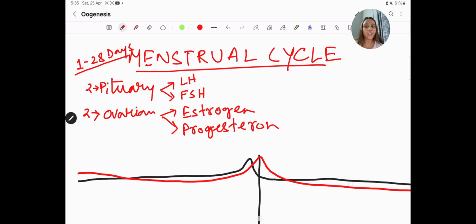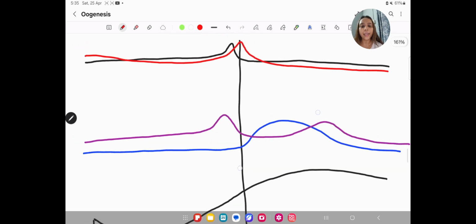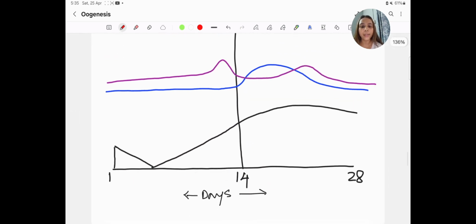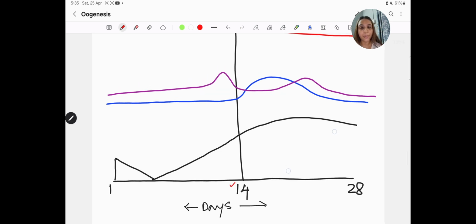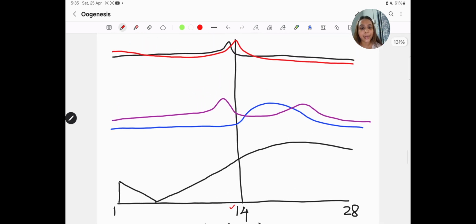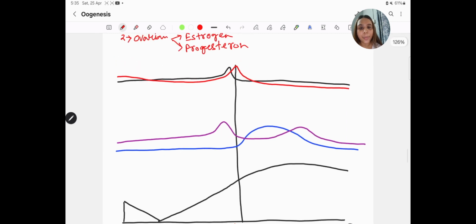So what they actually do: you can see that there is a 1 to 28 days period, and the magic begins here. I have marked the 14th day by this straight black line.